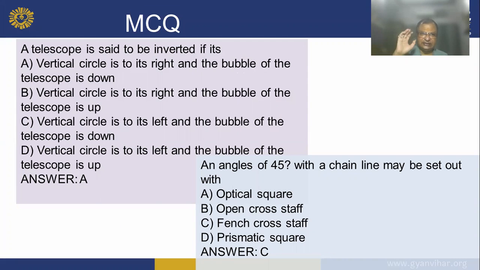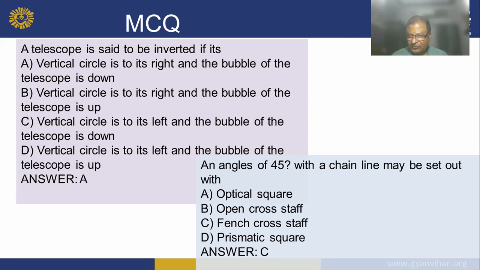Now a telescope is said to be inverted if, what is the correct answer? Correct answer is A: the vertical circle is to its right and the bubble of the telescope is down.